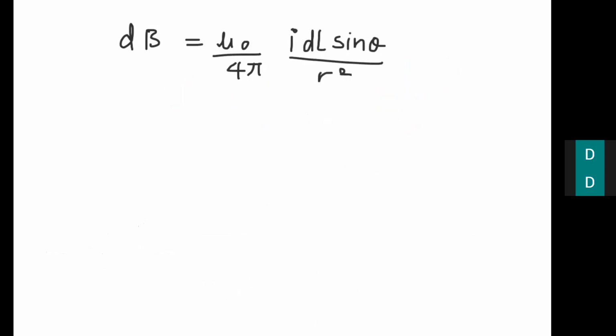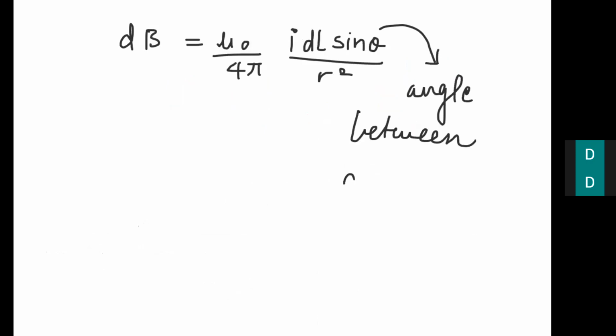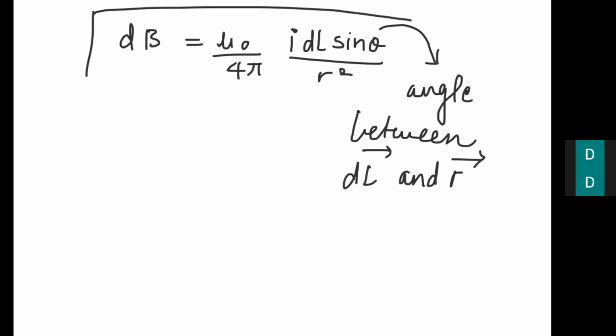So here, what is theta? Theta is the angle between the dl, that is the length element, and the vector r. This is the magnitude of the magnetic field.